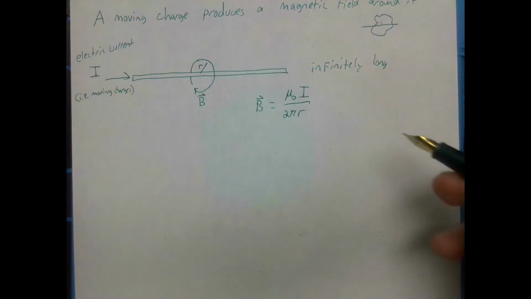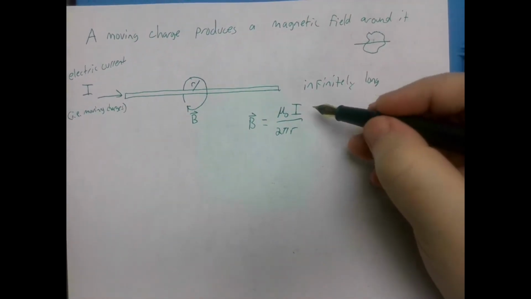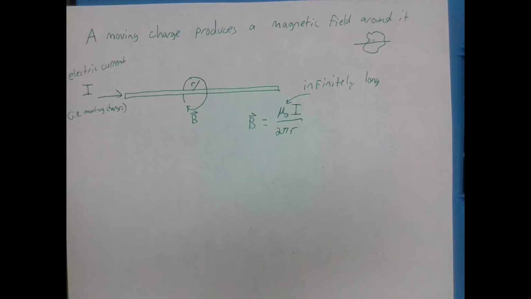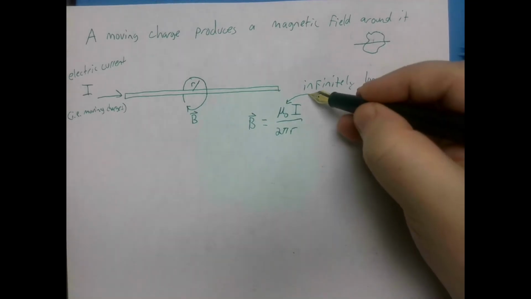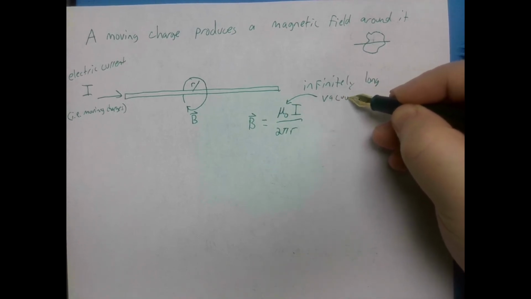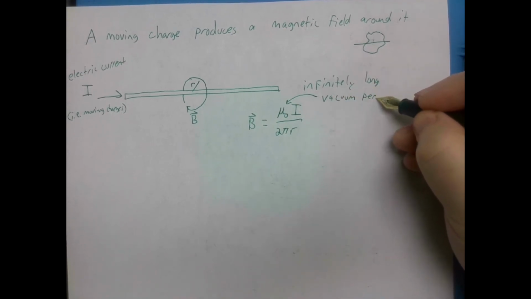So it's basically dividing by the length of whatever circle. So this right here is the permeability of free space, also known as the magnetic constant. So this is the vacuum permeability. Not to be confused with permittivity.